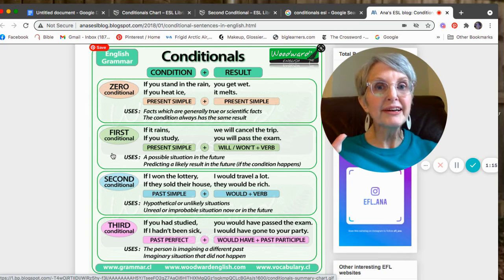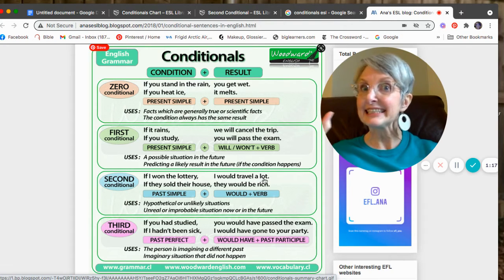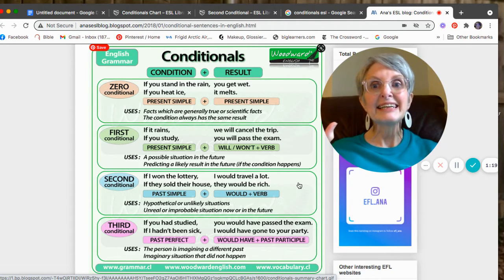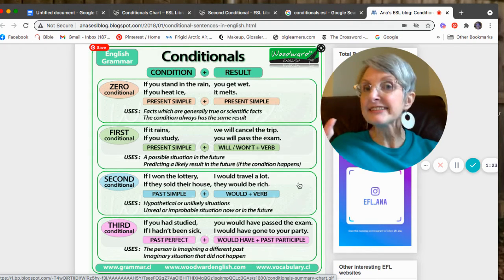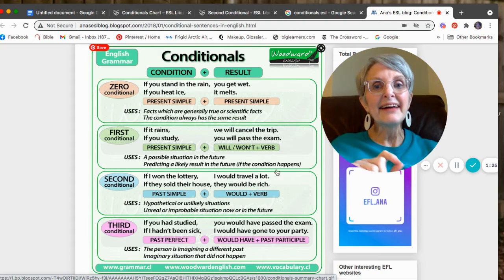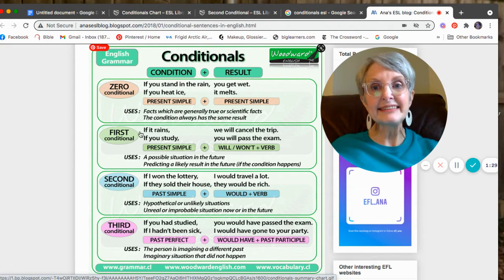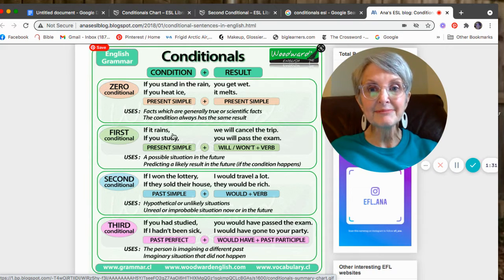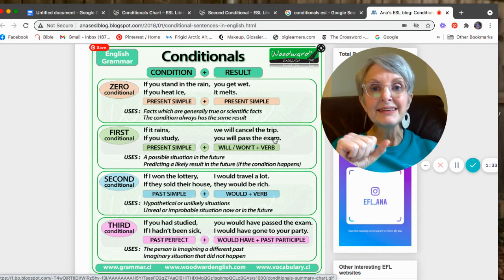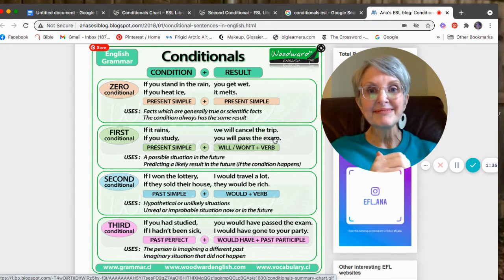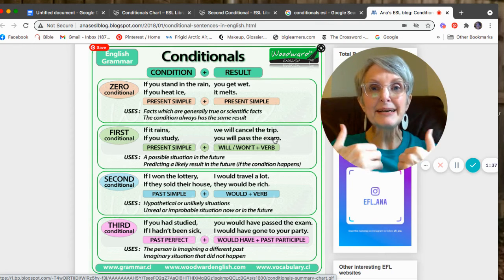Remember, the first part of the sentence, the condition, we called it, was in simple present tense, remember? And the second part was in the future tense. So here's an example. If it rains, and you put a comma, we will cancel our trip. All right, or I think we did some examples.